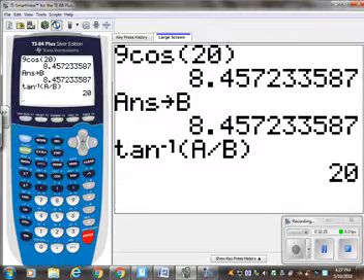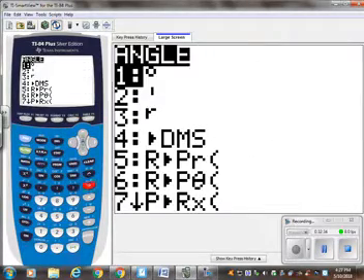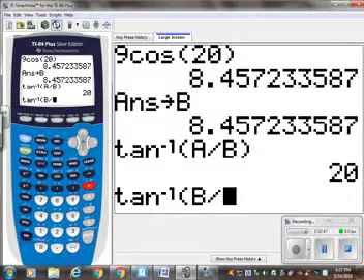Now to get your other answer, when you inverse your tangent, you flip the fraction, which is alpha B divided by alpha A. Oh, it didn't take my second key, so let me try that again. Alpha B divided by alpha A. There we go.